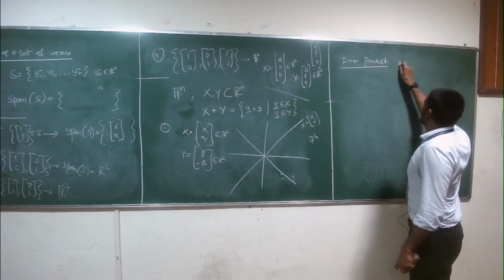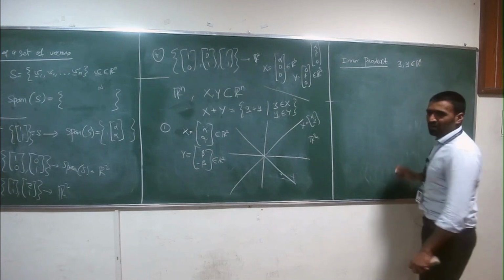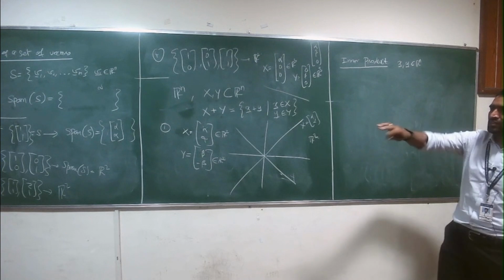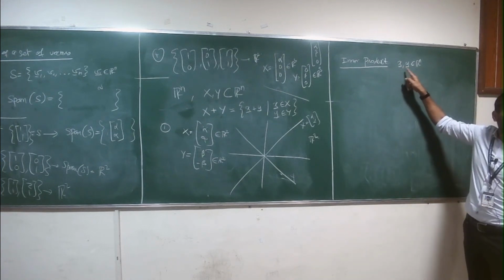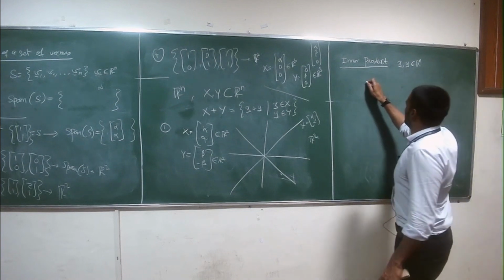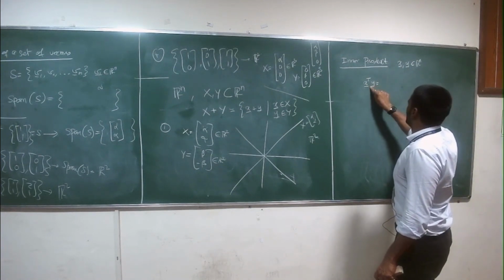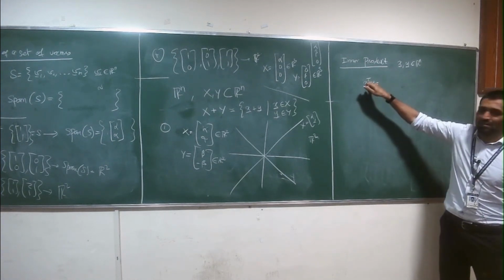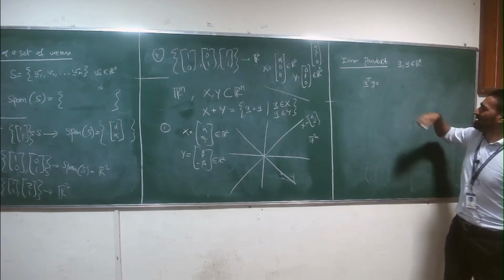Let's say you have two vectors x and y from Rn. First the expression. If you're taking the inner product between two vectors x and y, the expression for that operation is x superscript T y, or x transpose y.